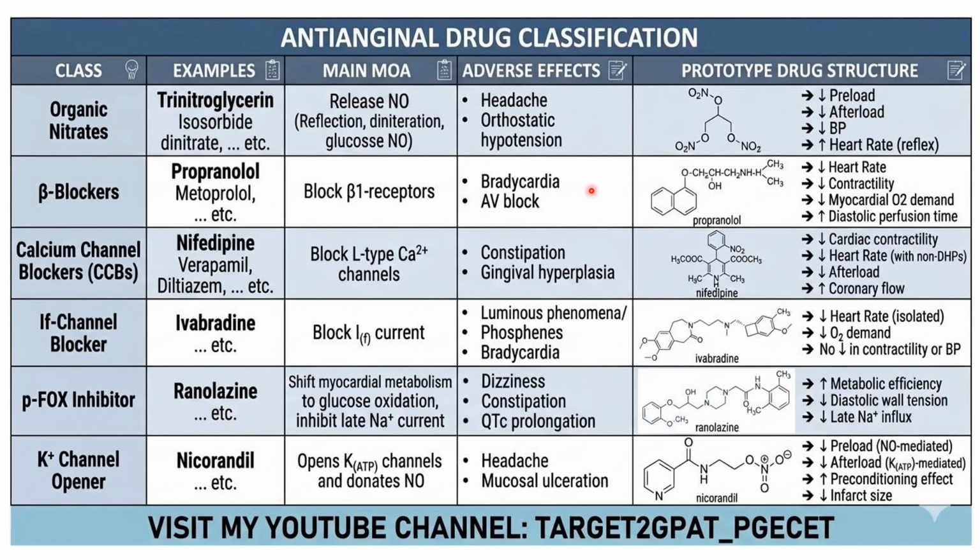Before going to adverse effects, we have a quick view of the drug propranolol. As we have already seen in antiarrhythmics, the propranolol structure has a propyl chain, a three-carbon chain, with the OH substituted with the naphthalene group, and this is the amino group, propanolamine.